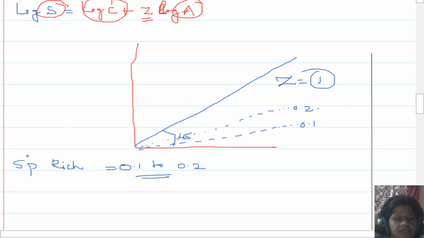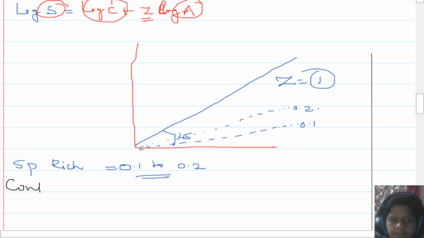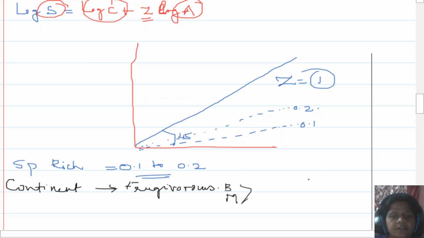But if we take a large area, that means a continent, and take the frugivorous, fruit eating birds and mammals together, then for them, if we count a large enough area, this Z, instead of being 0.1 to 0.2 for small ecosystems and small areas, would be 0.6 to 1.6.